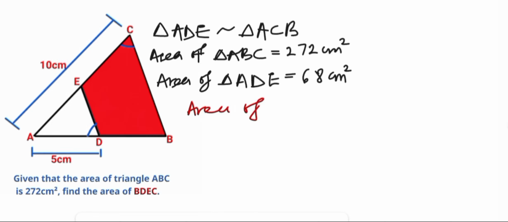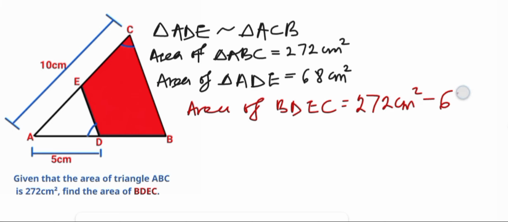So area of the quadrilateral BDEC is the area of the bigger triangle, 272 centimeters squared, minus the area of the smaller triangle, 68 centimeters squared. And this is 204 centimeters squared. So the shaded area is 204 centimeters squared.